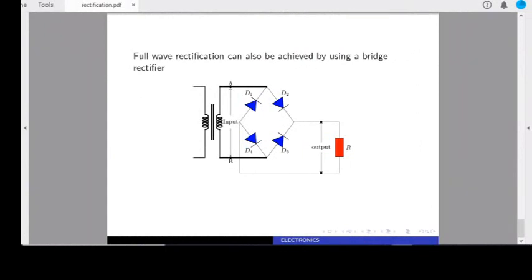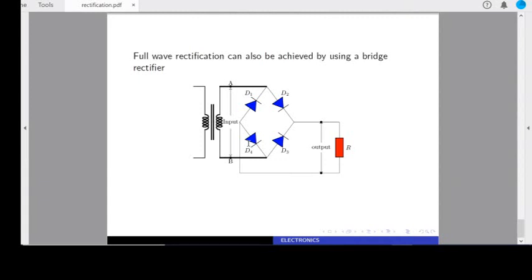Full wave rectification can also be achieved by using a bridge rectifier. A bridge rectifier consists of 4 diodes connected as shown in the diagram below. So these are our 4 diodes: D1, D2, D3, and D4, and they are connected like that.